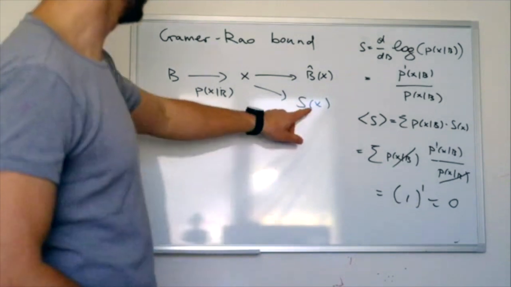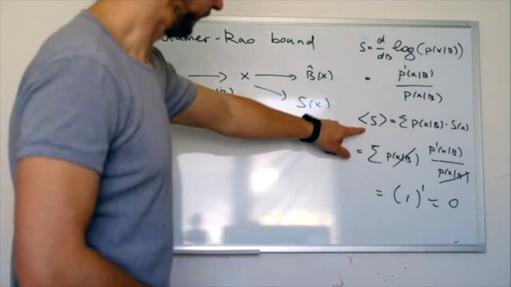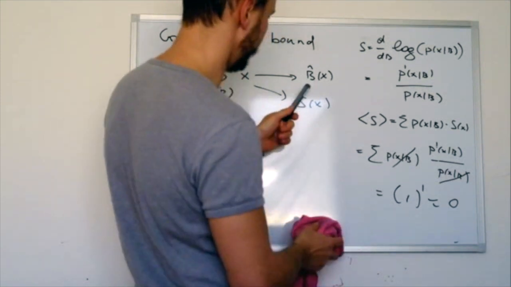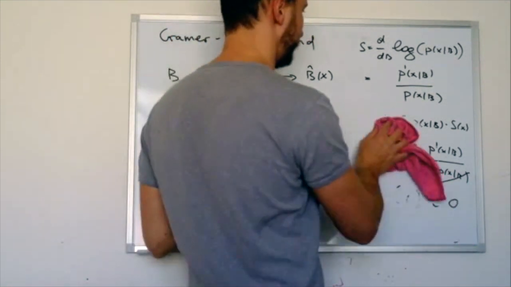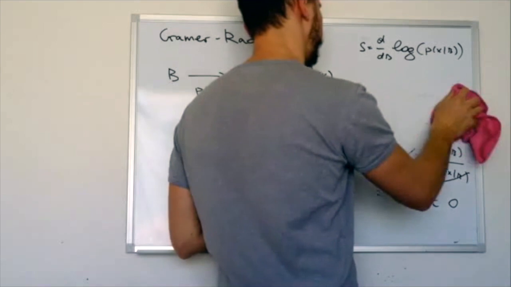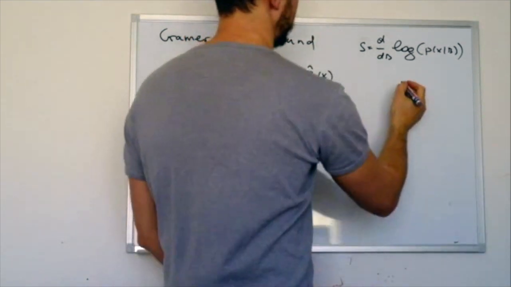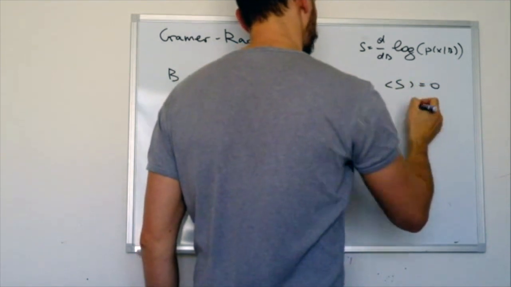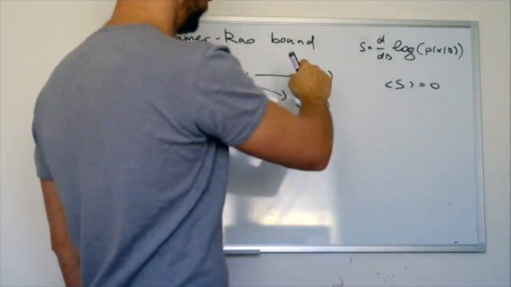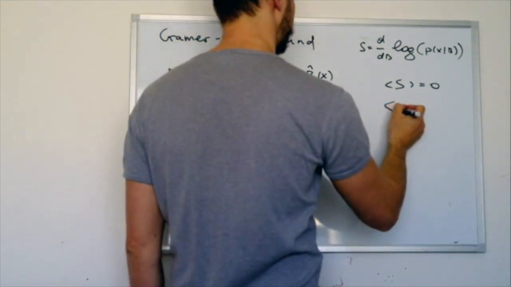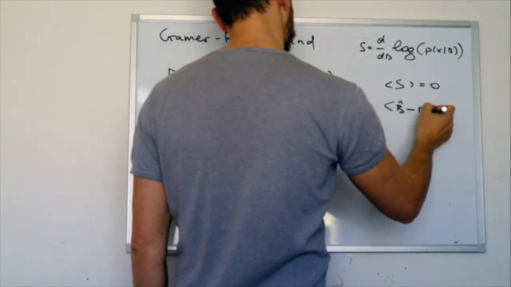So one thing we know already about these random variables is that S has 0 mean. Just write it down: S has 0 mean. In addition, we know that V is an unbiased estimator, so the mean of V minus b is also equal to 0.